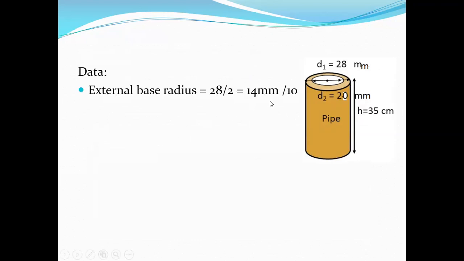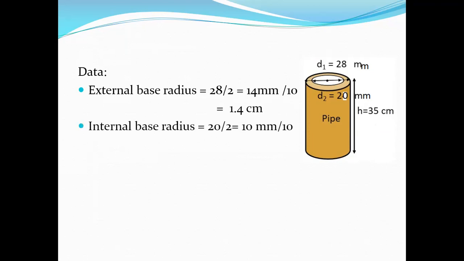And for converting it into centimeter, you have to divide it by 10. Why converting? Because in the question, it is given that you have to give the answer in cubic centimeter, and here the height is also in centimeter. So we have converted it into centimeter.